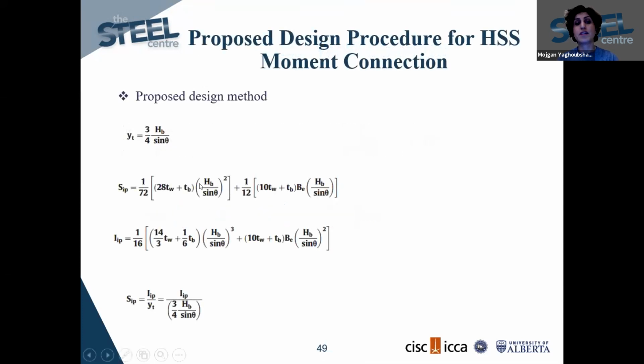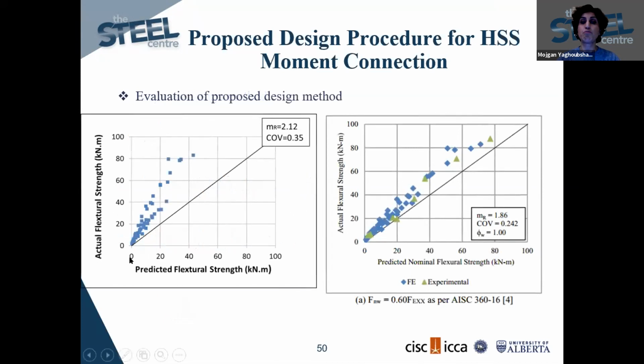So these are the proposed design method, and this is the neutral axis location. And then according to this, the section modulus could be calculated. Then a correlation based on the new design formula was done, and also a reliability analysis was done to come up with this phi W as well.